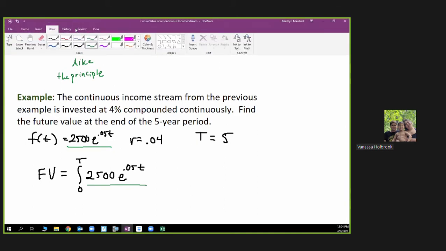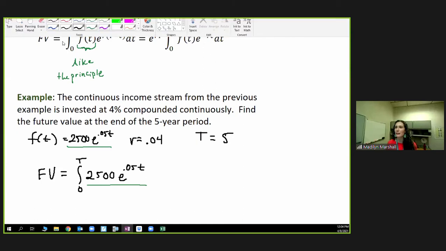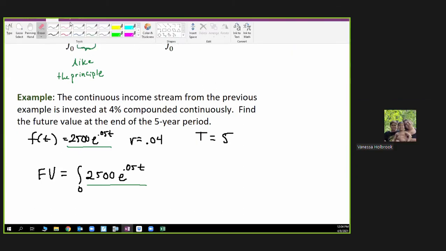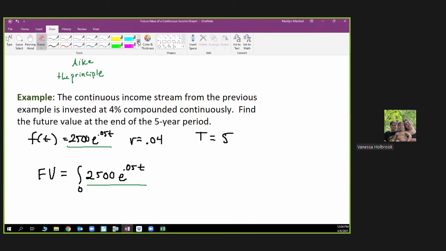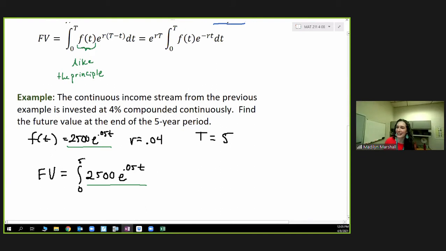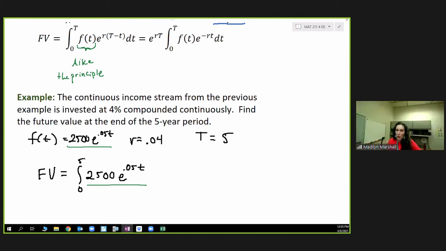So how come you didn't put 5 for the capital T? Oh, because I forgot. Yeah, that should be a 5, thank you. Okay, so we're going 0 to 5, since that's our capital T. We're plugging in that whole f of t, which is this whole 2500 e to the 0.05 t.